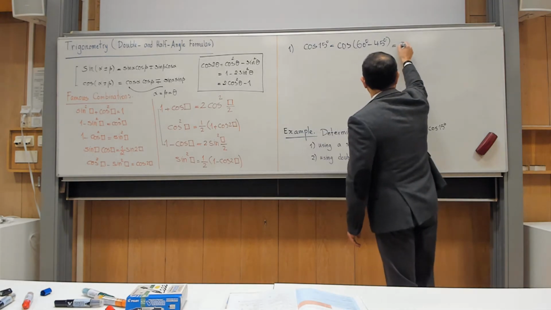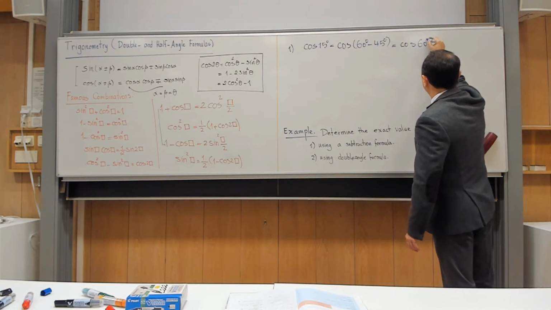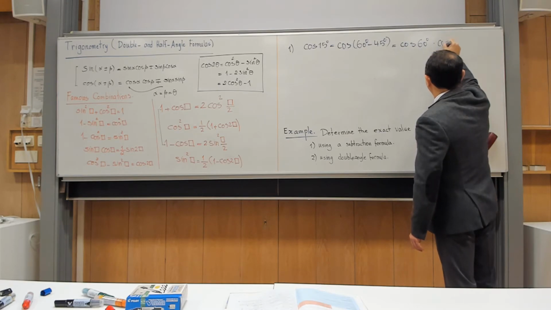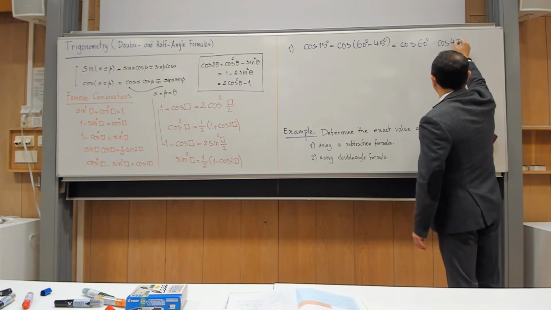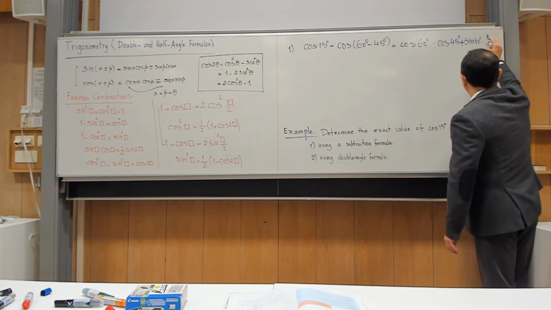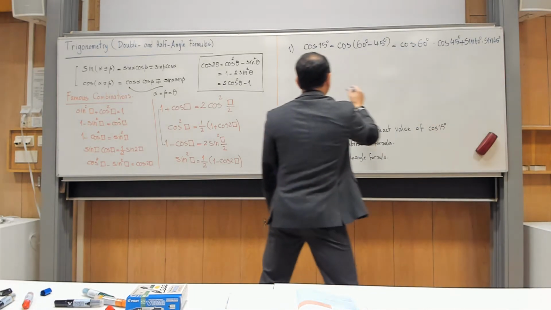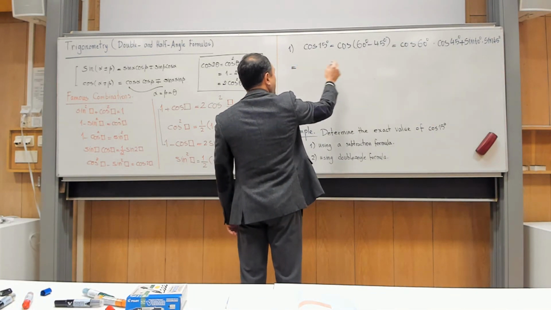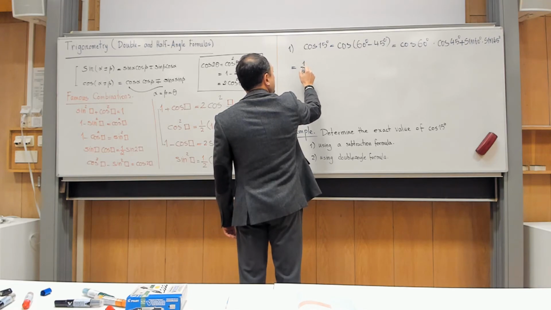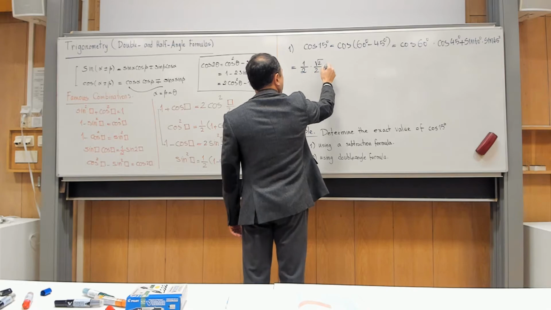And now we have the addition formula. So the formula is cosine of the first one multiplied by cosine of the second one plus sine of the first one times sine of the second. Yes? And then if you refer to the table, cosine of 60 degrees is 1 over 2. The other one is the square root of 2 over 2.